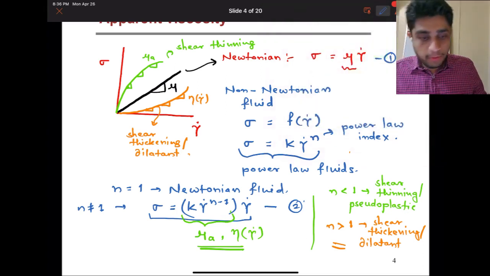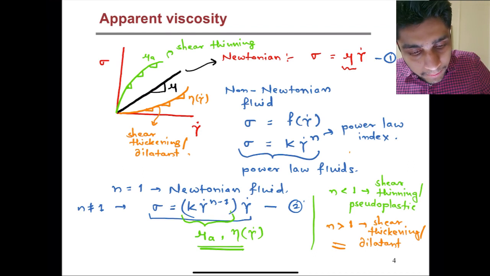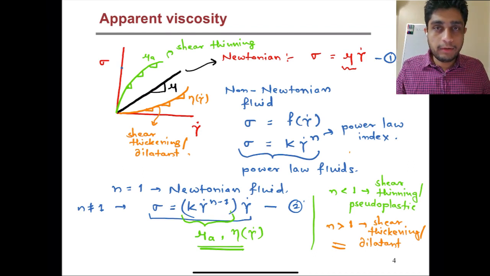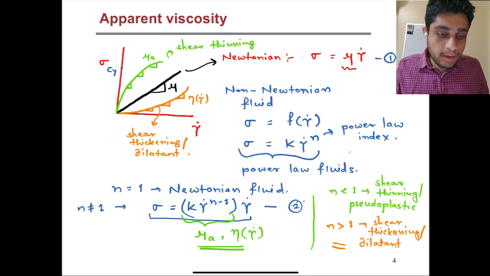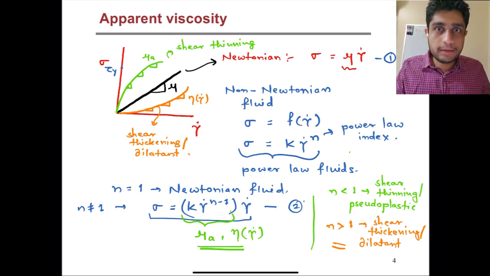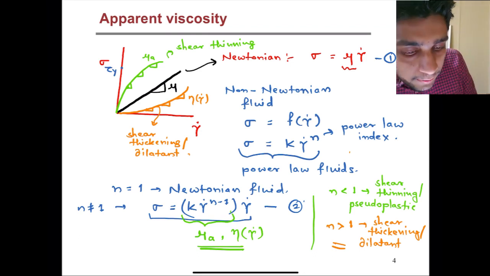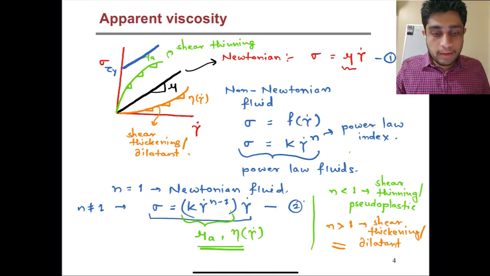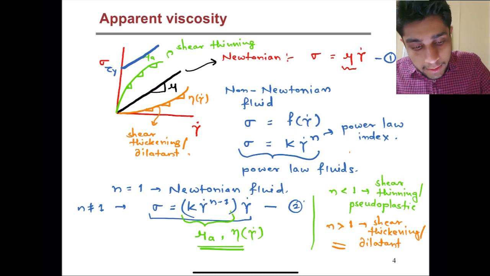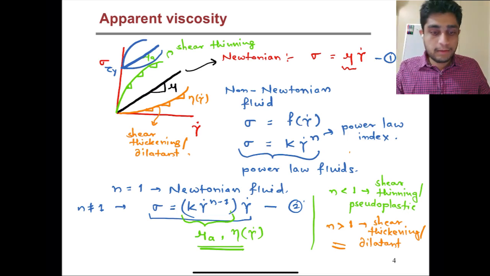I will use blue ink for that. So a toothpaste-like fluid does not flow until we apply some initial threshold stress, and that stress is known as the yield stress for that fluid. And after we apply that shear stress on the fluid, it flows like a normal fluid, right? So then it might flow like a Newtonian fluid, or it might shear thin, or it might shear thicken like this.